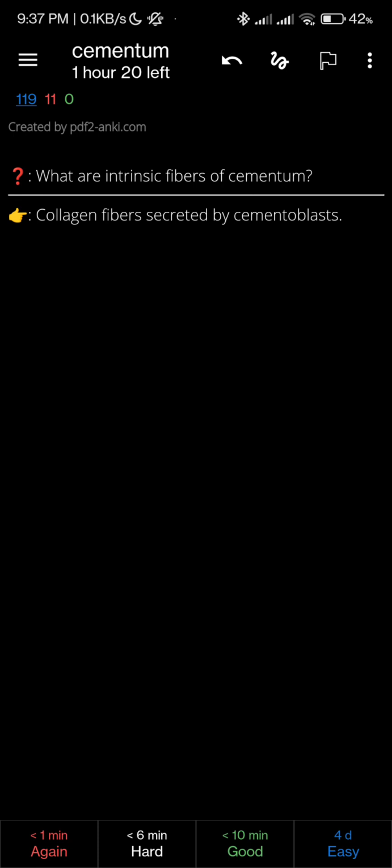What are intrinsic fibers of cementum? Collagen fibers secreted by cementoblasts are called intrinsic fibers of cementum.